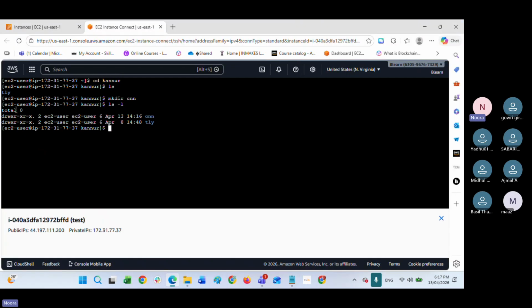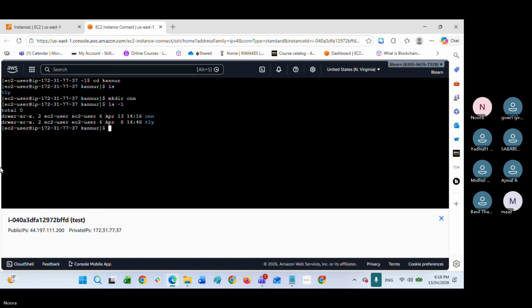Now, can you tell me, Gauri, there is a directory known as TLY. And look at the permission of TLY. Can you split these 9-bit characters into 3-bit and 3-bit and 3-bit and tell me what is the permission user has? Can you try?